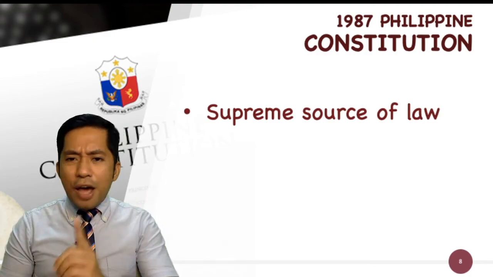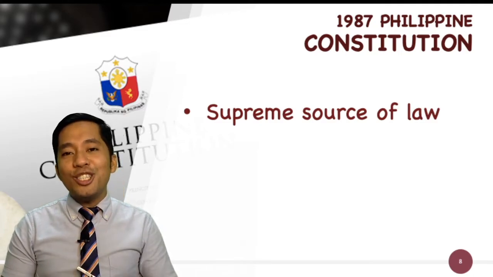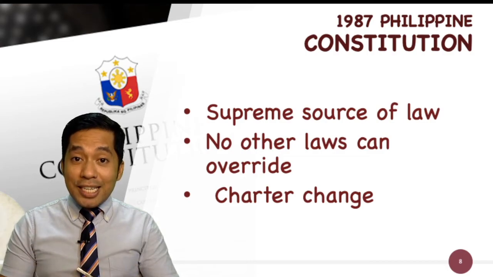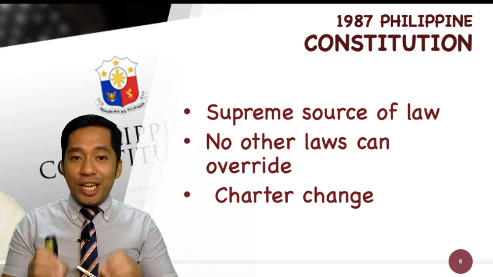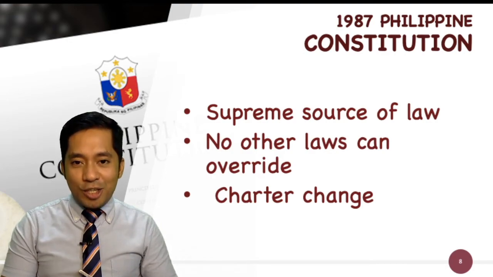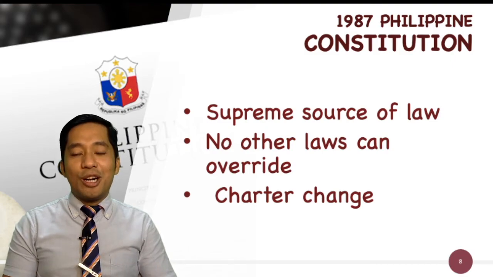Remember that nothing can override the Constitution except charter change or a new Constitution. And recently, in the political arena here in the country, they are calling for another charter change. Let us just be observant and see where it goes.